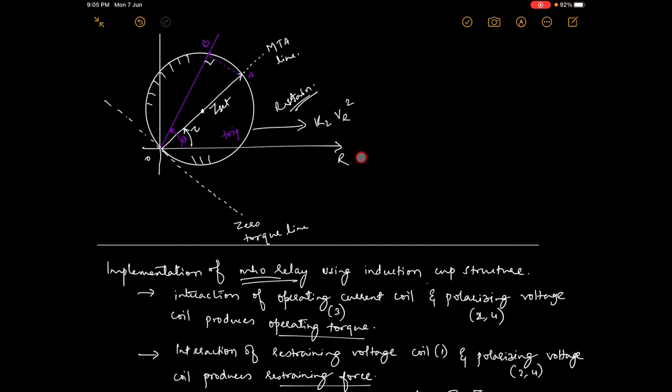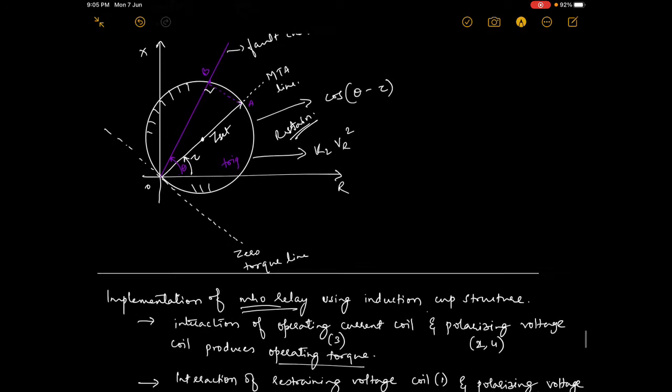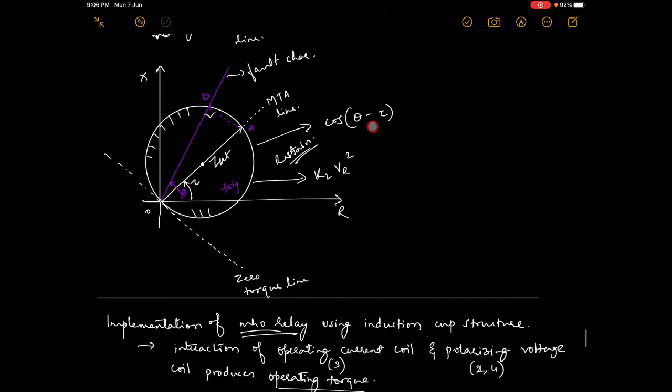But how do you get this circle? It is again cos(theta minus tau). If you substitute different values of tau, you will get a circle only. You know it, right?